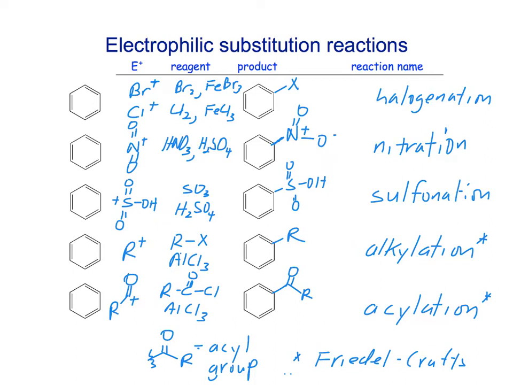Okay, so each of the reactions are going to have two parts. One, the first part is that we need to be able to generate this electrophile. Okay, and the second part, it's going to follow that generic reaction I just showed you. It's going to be the reaction of the electrophile with benzene. Okay?